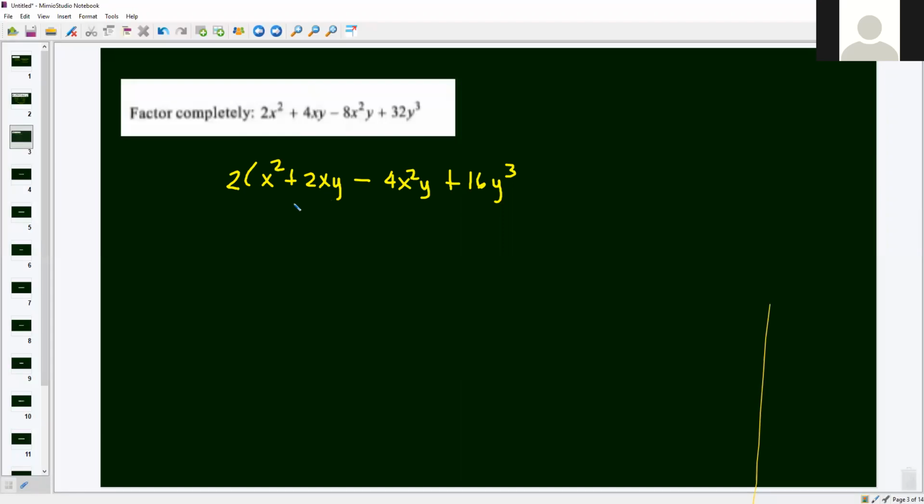Opo, nilabas ko po yung X. Sa unang tatlo? Opo. Bale, 2 parenthesis X, close parenthesis. Ganito? Opo, nakaiwalay na po yung X plus 2Y.